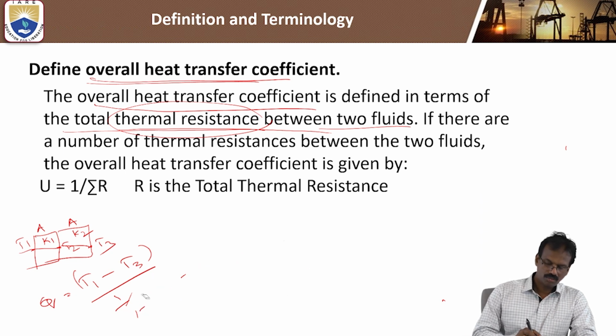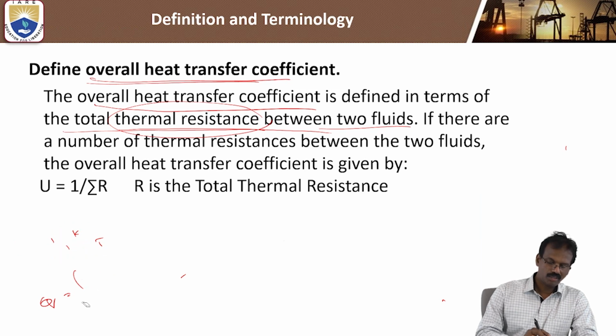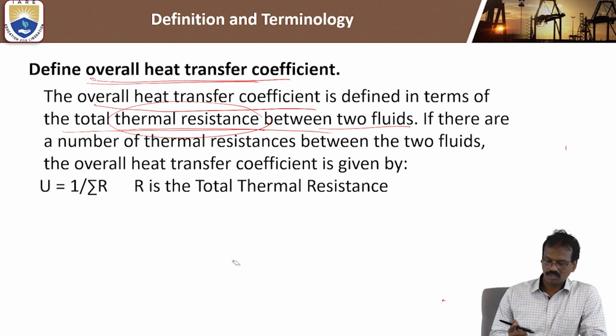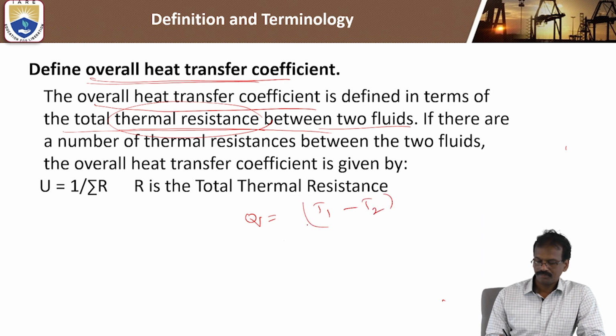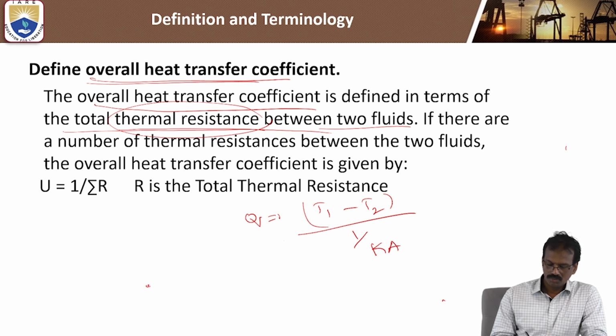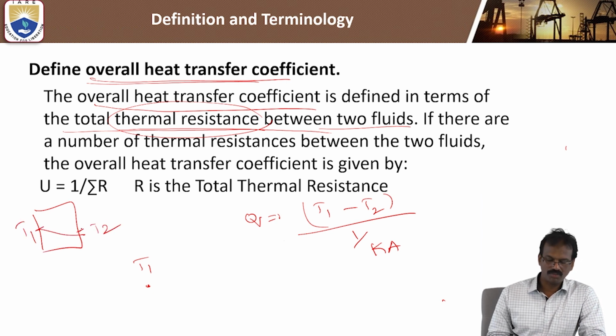Here I just want to explain the electrical analog formulas also; I forgot that one. According to Fourier's law, Q is equal to the temperature difference T1 minus T2 divided by 1 by KA. This is the temperature T1 on this slab and this is the temperature T2. Heat is transferred from temperature T1 to T2.